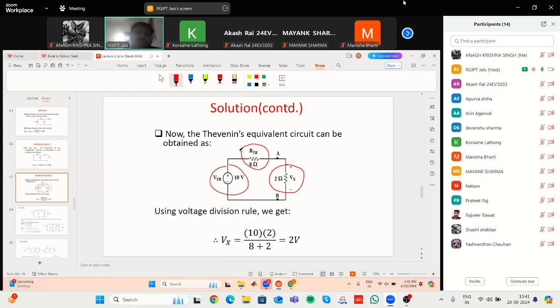You need only two things. All the other circuitry, you are representing using two elements: one is a voltage source and one is a resistance. You don't require other things. So that is the aim.